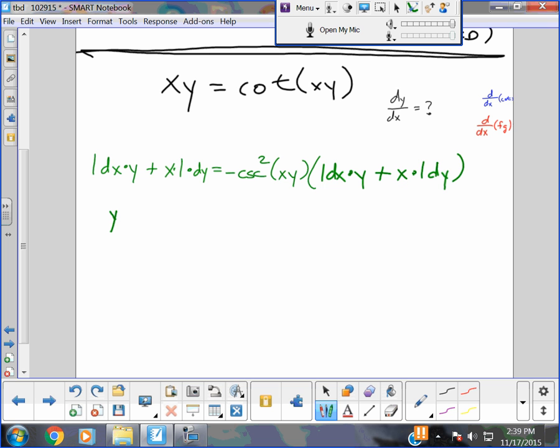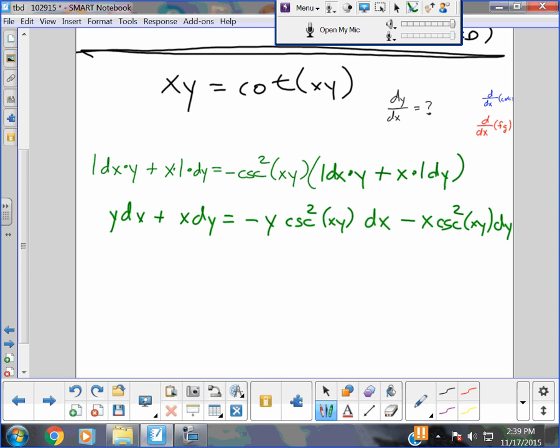So I'm going to write y dx plus x dy equals, distribute here. I'm going to get negative y cosecant squared xy dx plus, not plus, when I distribute the negative, it'll be minus x cosecant squared xy dy.